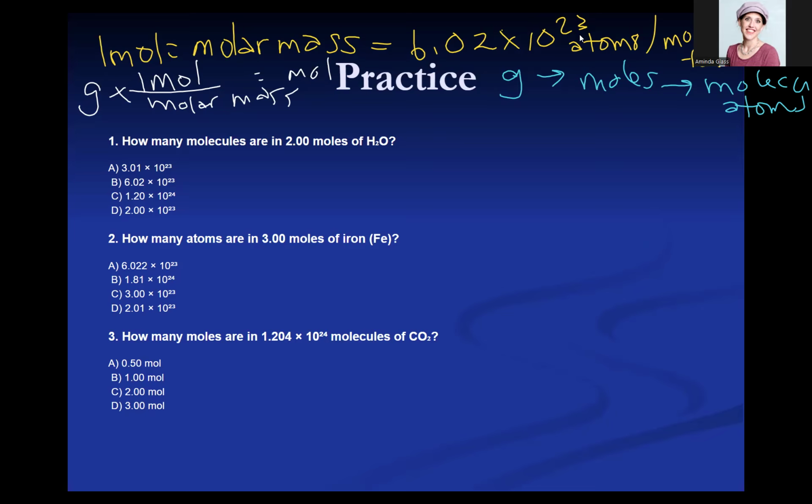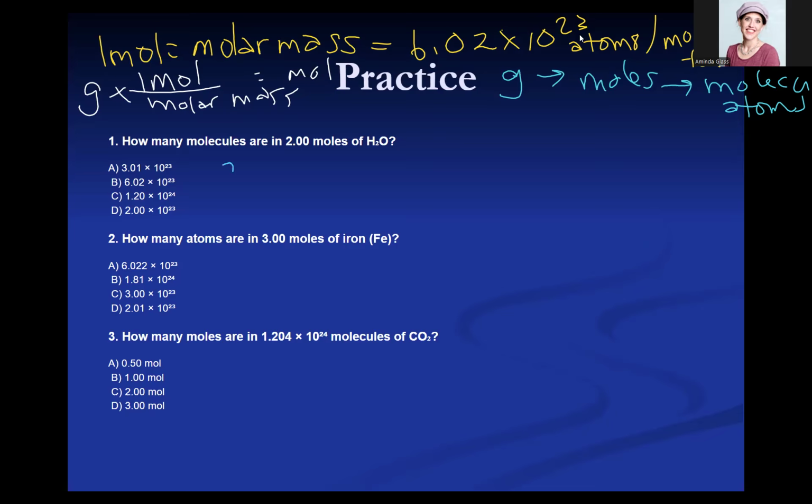Now let's see if we remember from last lesson. I want you to pause, try these out, and then come back and see if you remember them. How many molecules are in 2.00 moles of water?